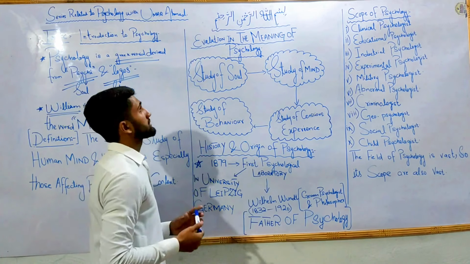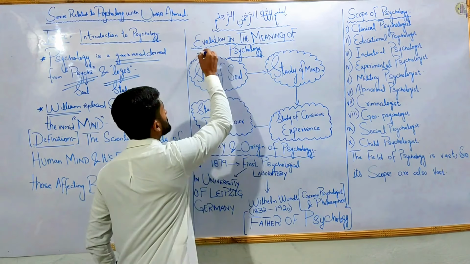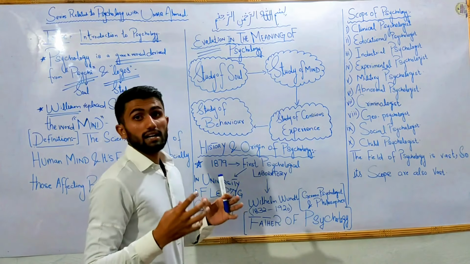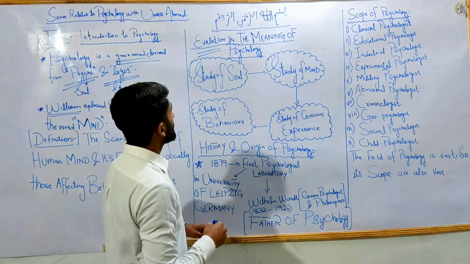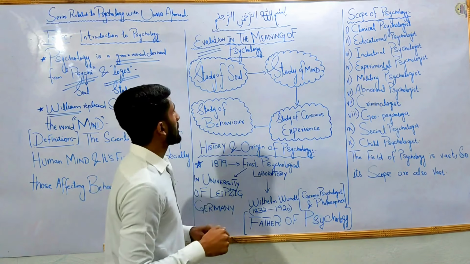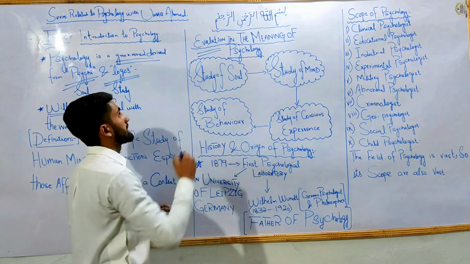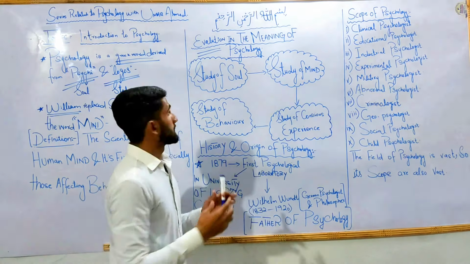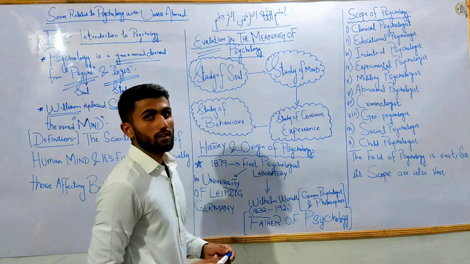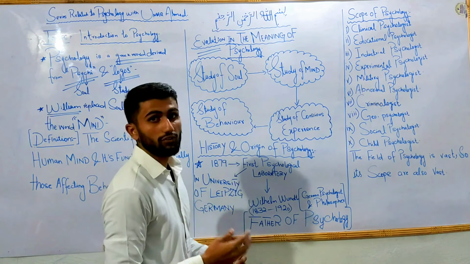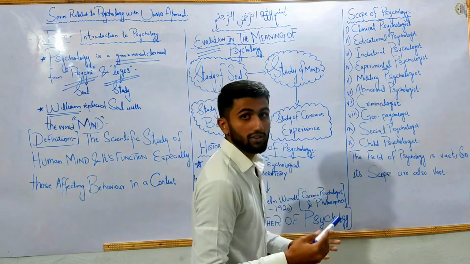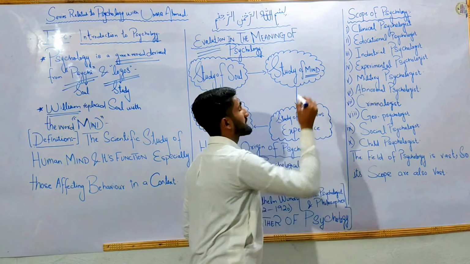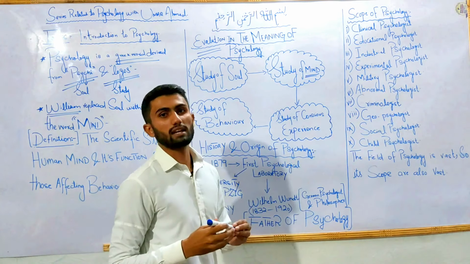Moving towards the next topic, it is the evolution, that is, how different psychologists have given different definitions of psychology. First of all, a psychologist said that the study of soul is known as psychology. After that, with the passage of time, different psychologists did research and classified that the study of mind, the study of the human brain, is known as psychology.